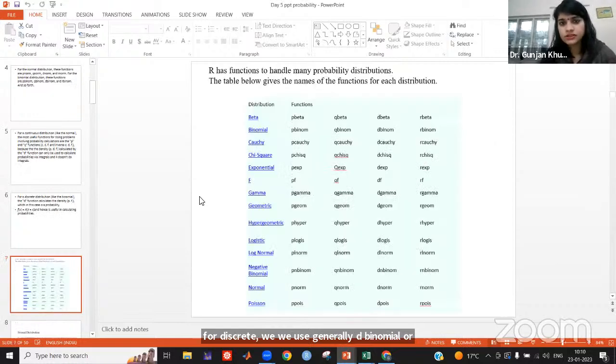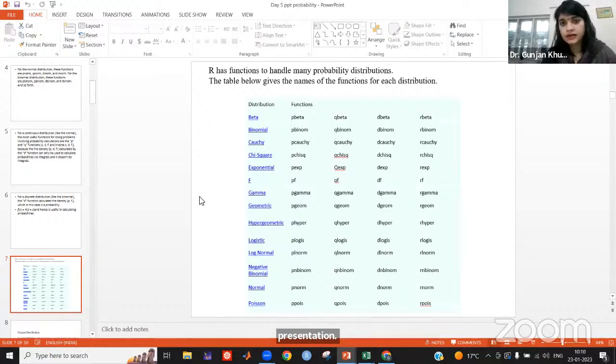Then R has functions to handle many probability distributions. The table below gives the names of the function for each distribution. We are discussing binomial, normal, and Poisson in this presentation. They are the most basic ones.